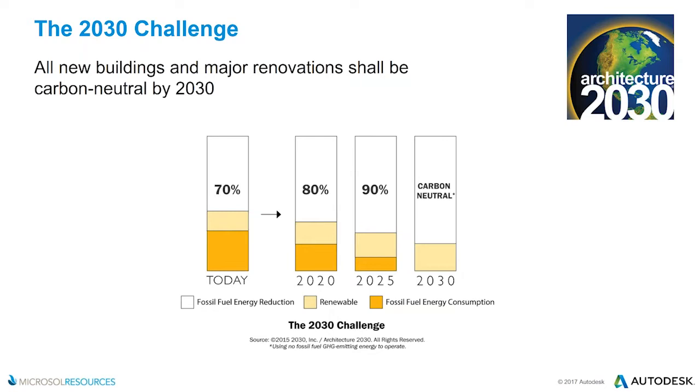So first of all, the 2030 challenge. It's essentially a series of stepped goals moving towards carbon neutrality for all new buildings and major renovations by 2030. This has been around for a while, and every 5 years the targets get higher.